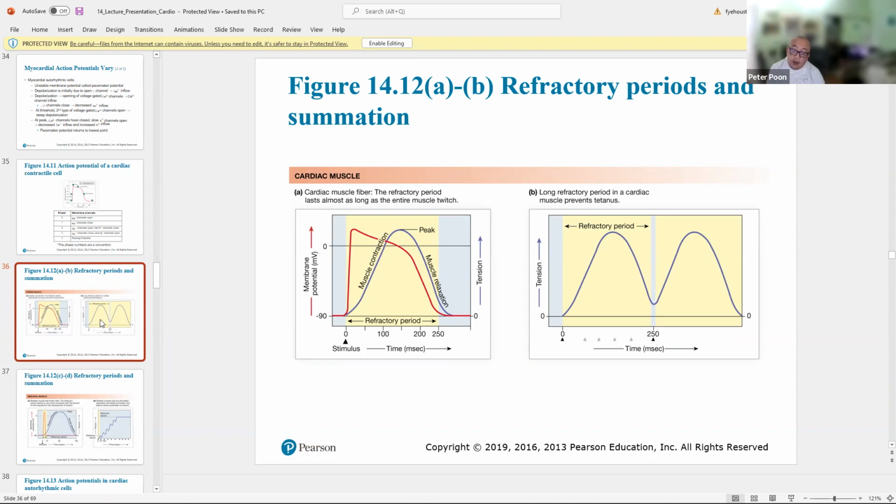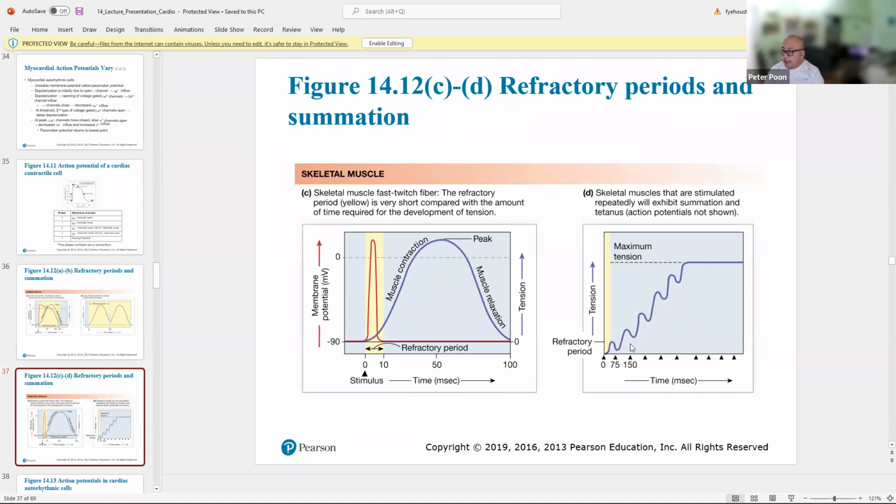Therefore, your cardiac muscle can never get into tetanus, because the whole twitch will be over by the time you're done relaxing. By the time the refractory period is over, your muscle can contract again, so you never get tetanus. This is tetanus, and you remember that from skeletal muscle.